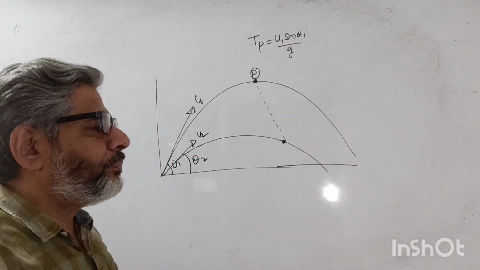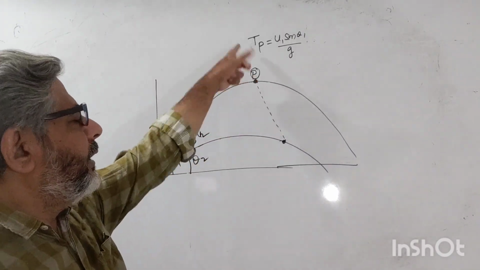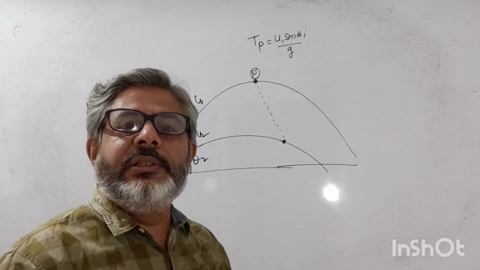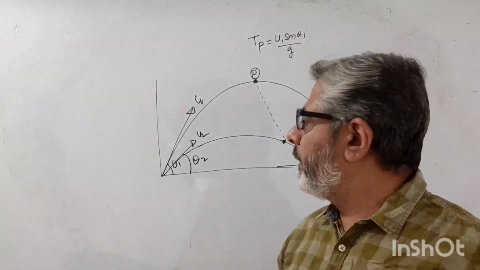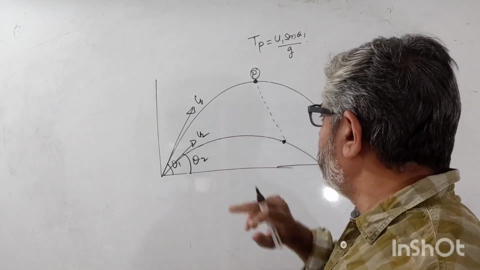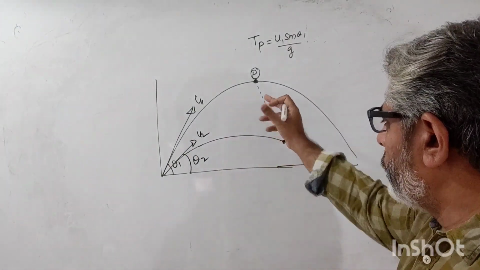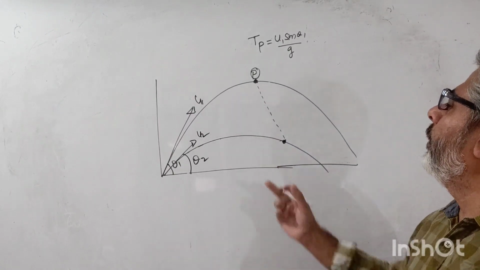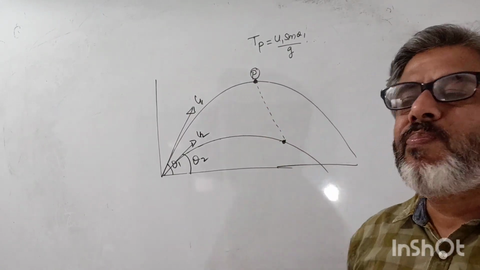And just remember, t is equal to 2u sine theta by g is the time of flight, but here we are finding the time till this. Now it looks again very complicated because how to find the distance.